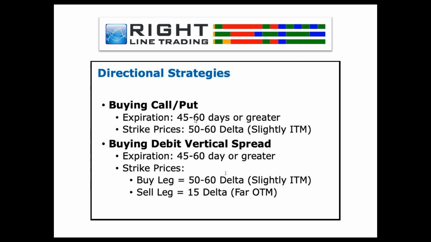Now, our hope is we're not going to be holding these 45 to 60 days. Maybe we're going to be holding them a week. Maybe we're going to be holding them 2 weeks. But we're looking upon them as a short-term position. And the only reason we're taking a 45 to 60 day expiration position is to have the ability to leverage them in the appropriate way with delta, theta, and gamma.